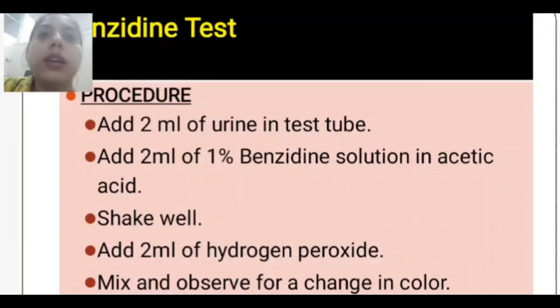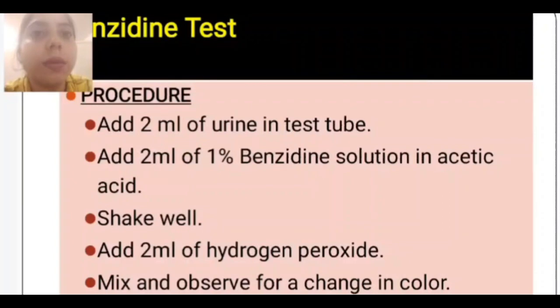If we talk about the observation, the result, there would be 2 types of result, positive and negative. Positive would be when there is a change in color, that means when there is a green or blue color, the result is positive. That means the urine sample contains RBC or Hb or maybe blood.